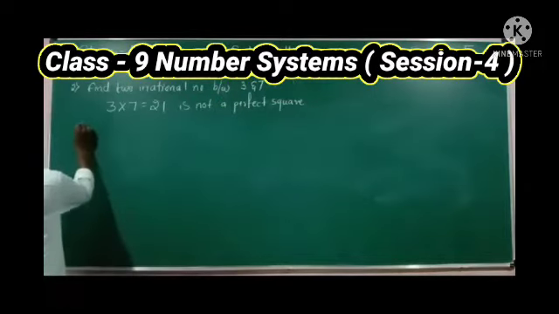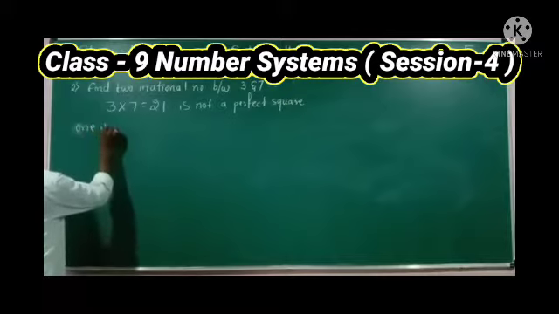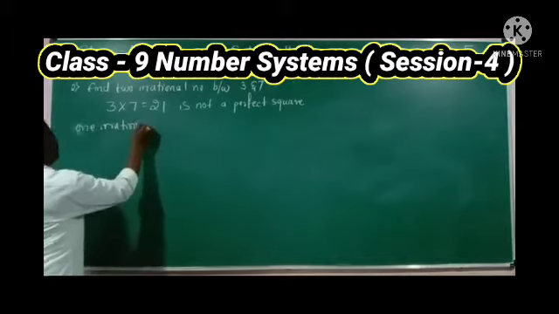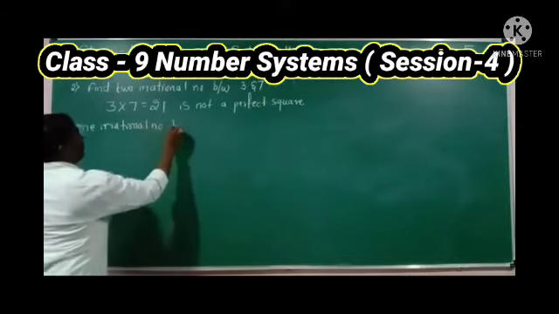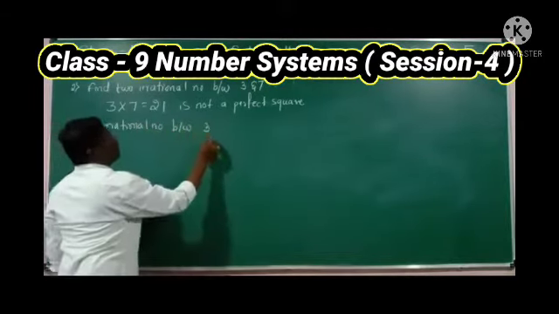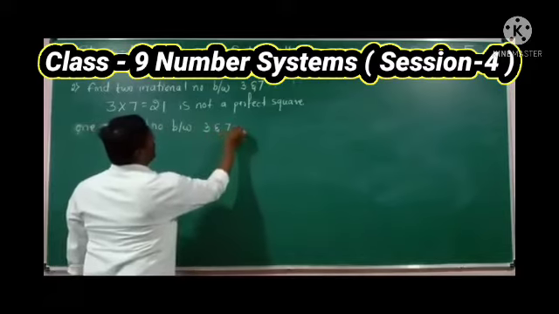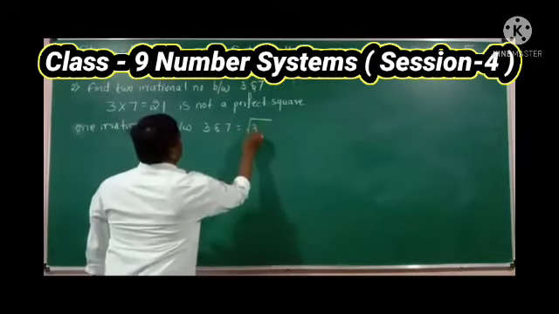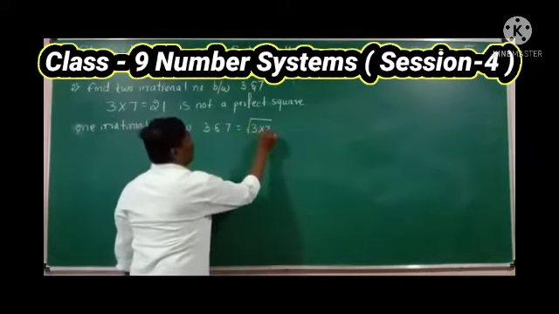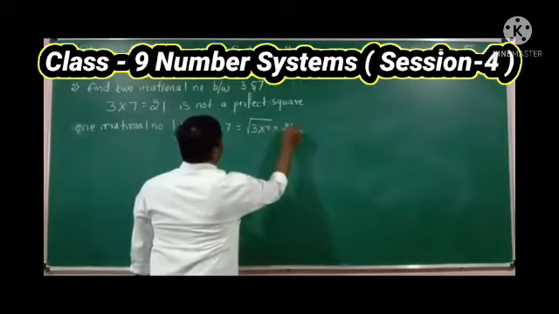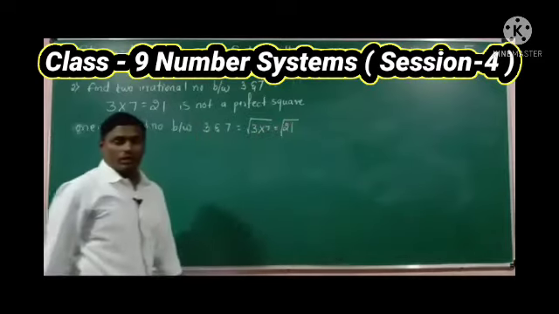So one irrational number between 3 and 7 is equal to root of 3 into 7, which is equal to root 21.